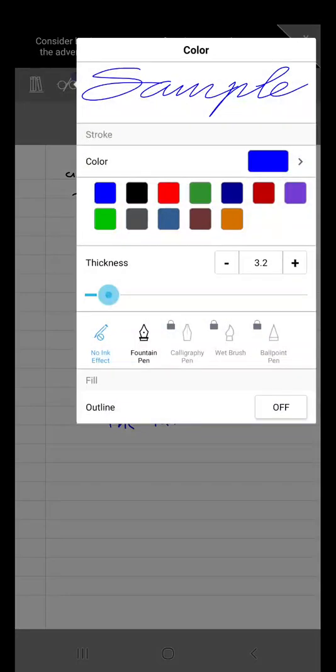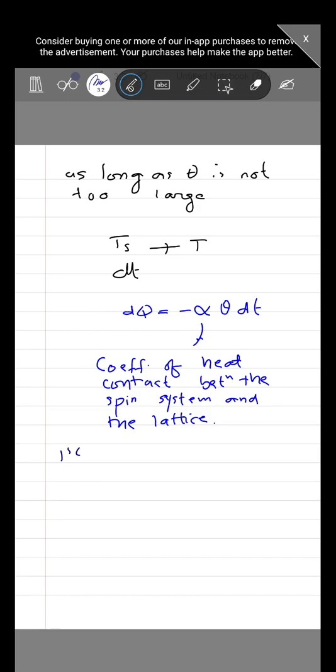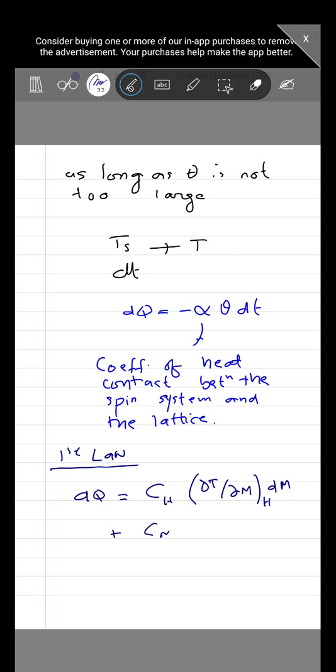Now, the first law of thermodynamics for the spin system may be written as: we can write dQ as equal to CH into the rate of change of temperature with magnetization at constant magnetic field, plus CM into the rate of change of temperature with magnetic field at constant M, into dH.